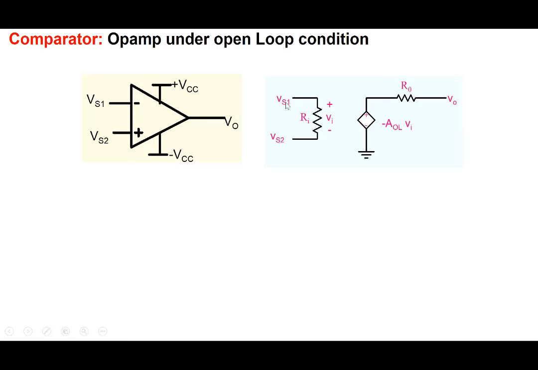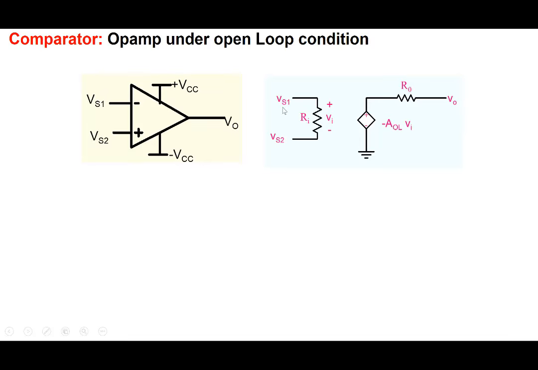If VS1 is greater than VS2, VI will be positive, which means there will be a large negative voltage here, and the op-amp will saturate to the negative supply voltage. So if VS1 is greater than VS2, V0 will be equal to minus VCC.